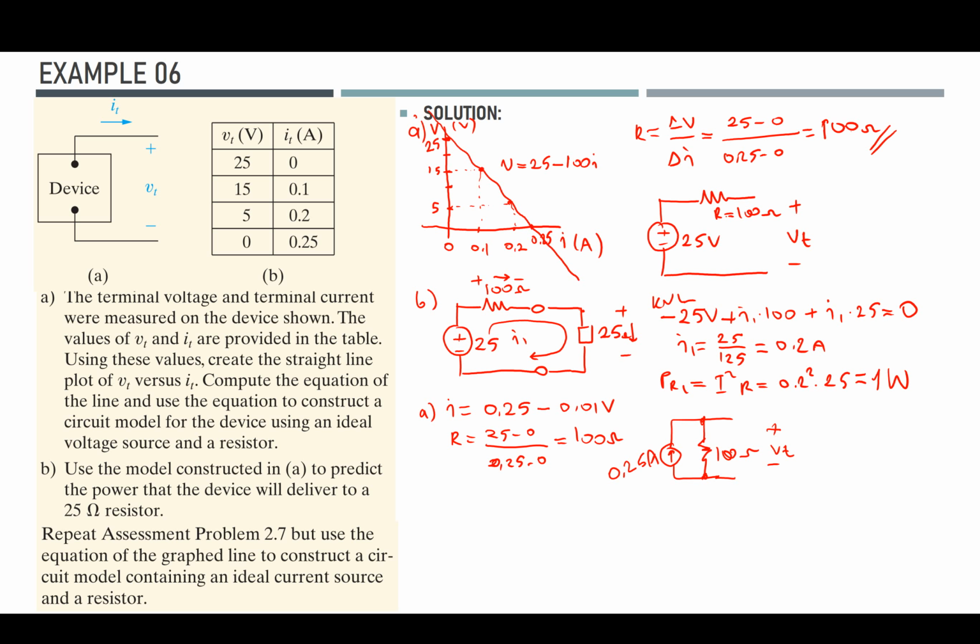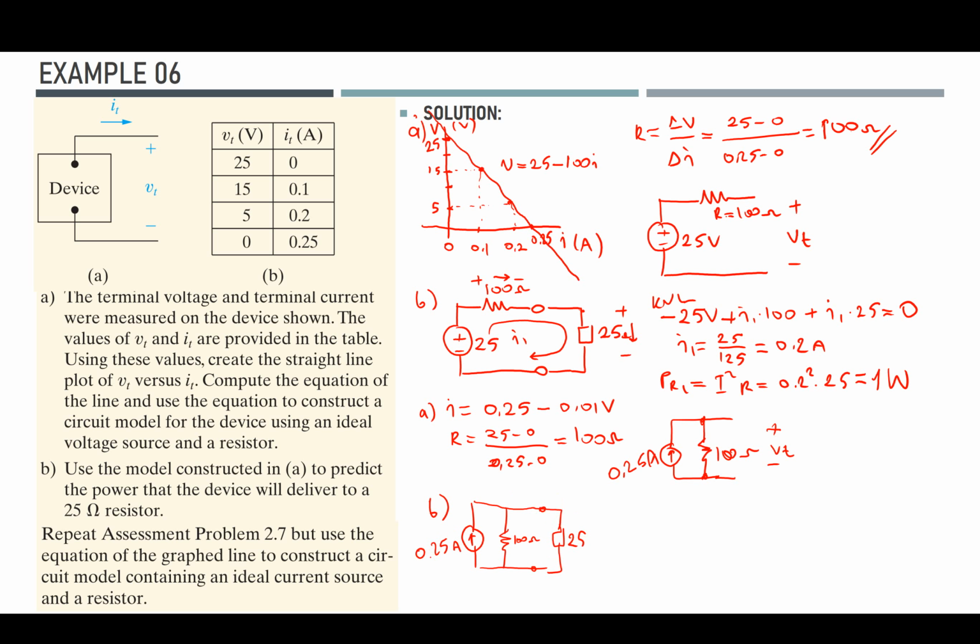Now if I connect the load resistor to it, let's say in part B I have this device, I have my resistor here, 100 ohms, and I have the load resistance of 25 ohms connected here, 0.25 amps going in.